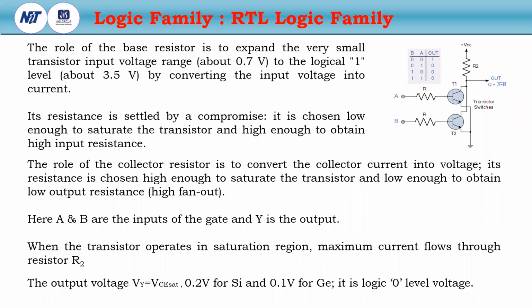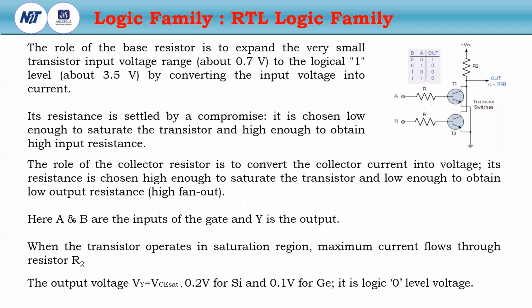This is the current controlling element. The base resistance is settled by a compromise. We should compromise on the value of the resistance. It should be chosen low enough to saturate the transistors, and high enough to obtain a high input resistance.